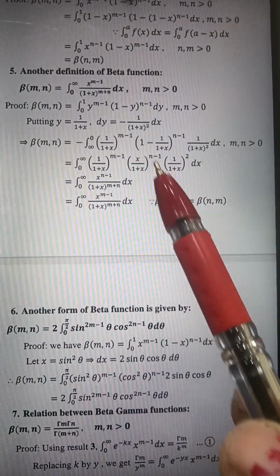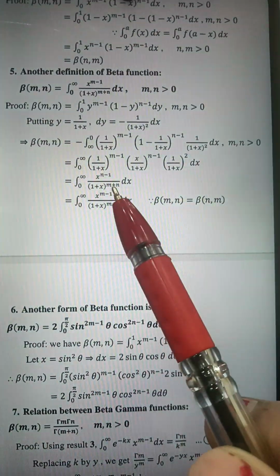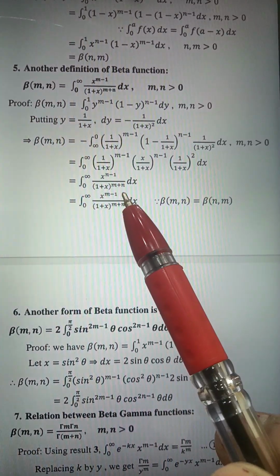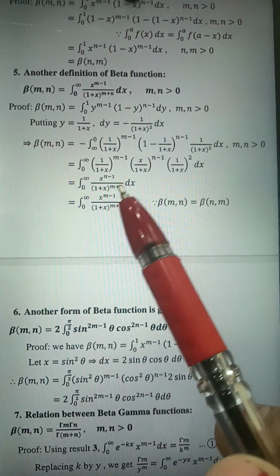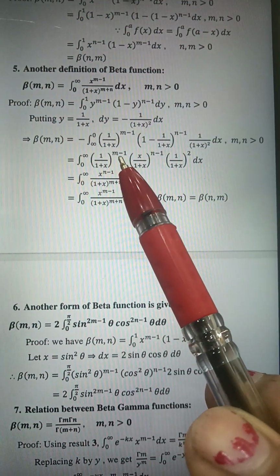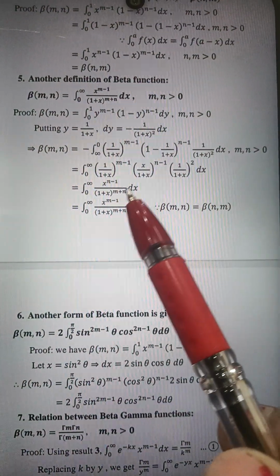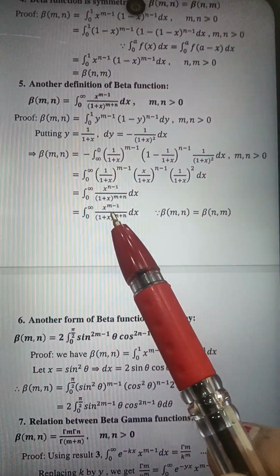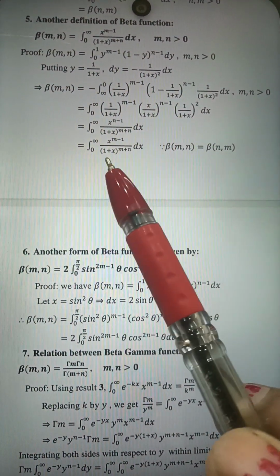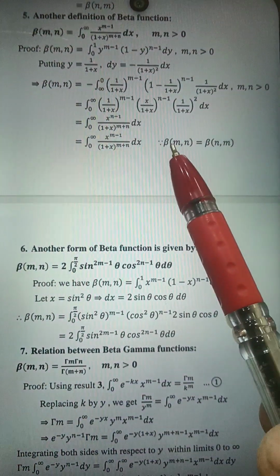So -1 plus 2 will become 1, and we will get m+n. We are using the 9th class result. What is the result? If the base is the same, then the powers will add. Here the base is the same, 1+x, and the powers will add: (m-1), (n-1), plus 2. So we will get n+m. Okay, so we can write x^(m-1) / (1+x)^(m+n), and what will we get? beta(m, n) equals beta(n, m).